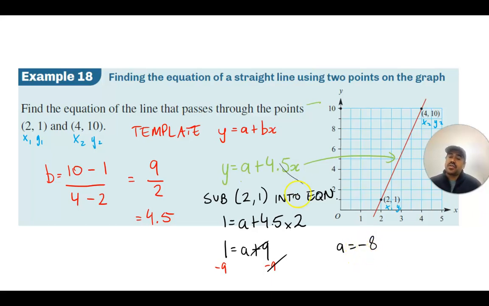And that checks out because we do have this line that keeps going down and it hits the negative of the y values, and we're expecting a negative y value. So our corresponding formula will be y equals -8 plus 4.5x. And that there will be your final solution for this answer.